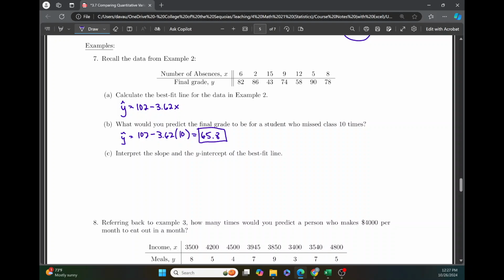Part C asks us to interpret the slope and the y-intercept. Okay. The slope here is negative 3.62.